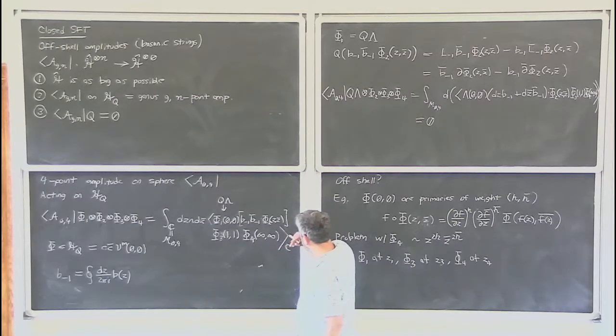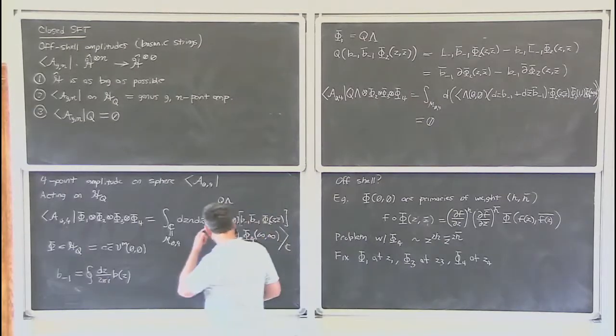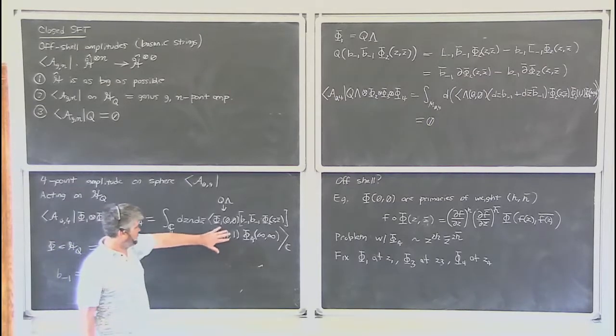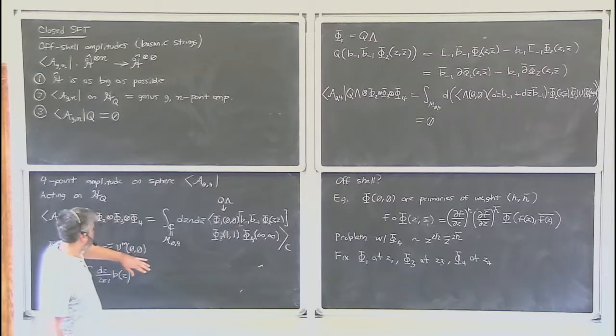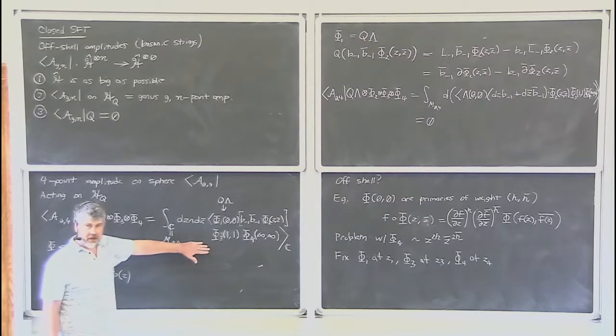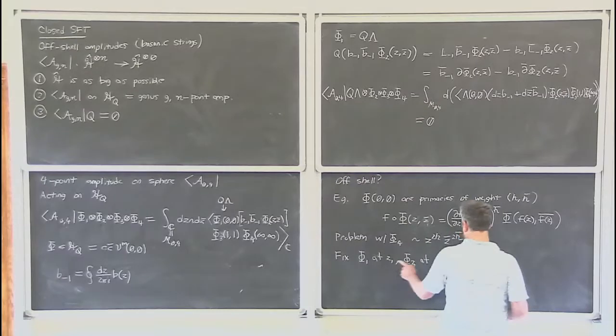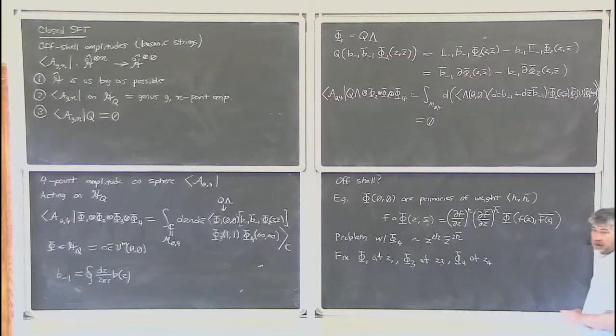The difficulty is that the off-shell continuation of this expression that you generate in that way will depend on the positions of z1, z3, and z4, okay?